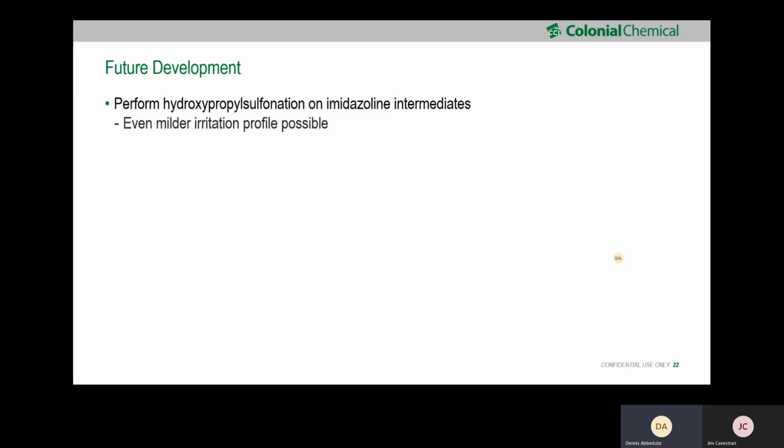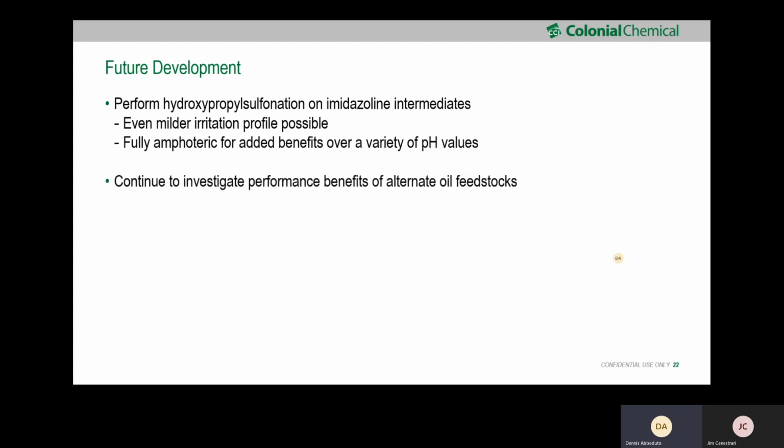And so the product class known as amphoacetates could potentially be replaced by these, again for improved sustainability from the bio-based standpoint, but also with even milder irritation profiles compared to the sultaines, and the fully amphoteric structure of these products offers a variety of added benefits over a broad pH range.